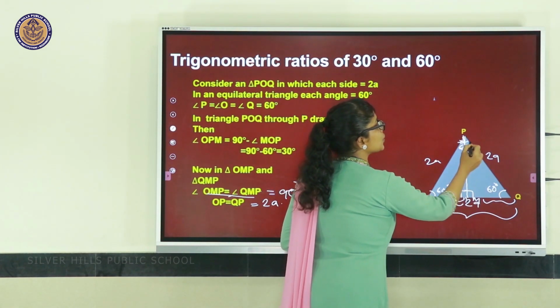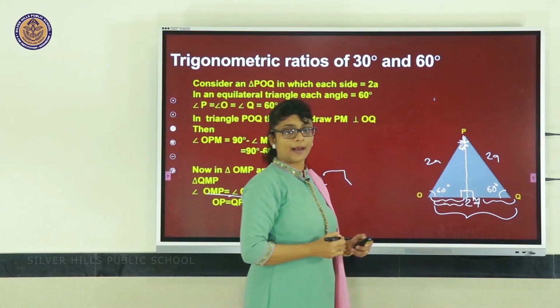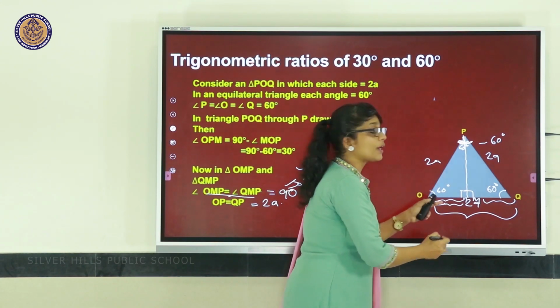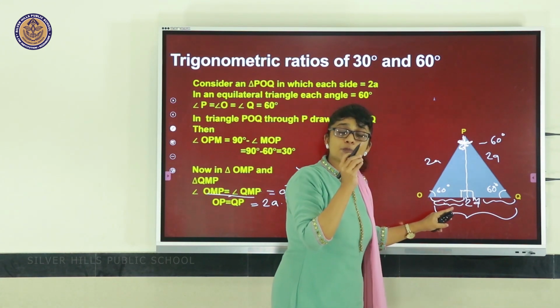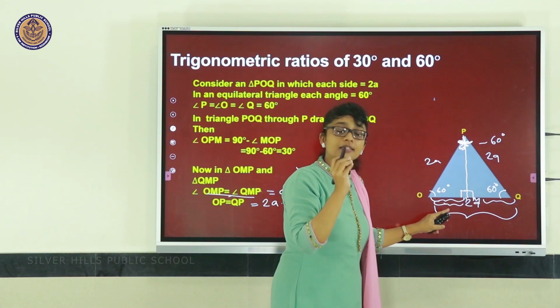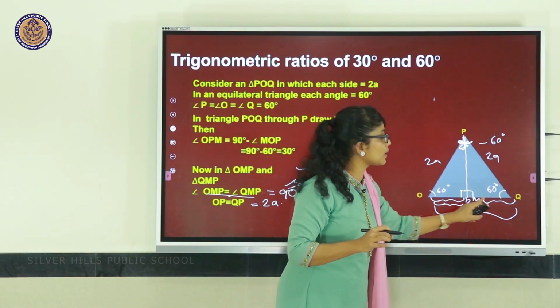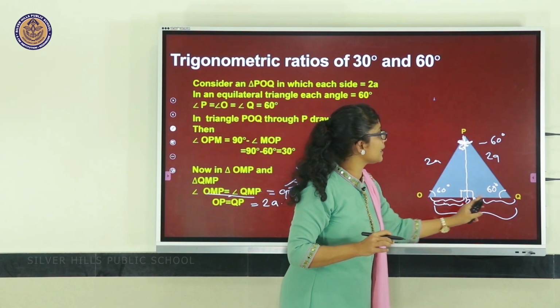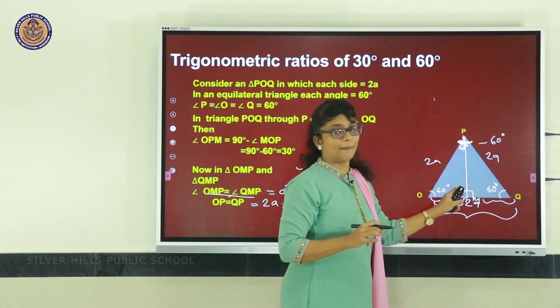Okay, by CPCT, corresponding parts of congruent triangles, OM equal to QM and OPM equal to QPM.